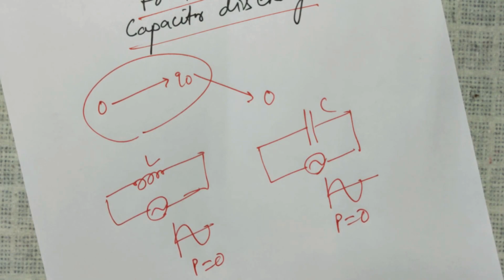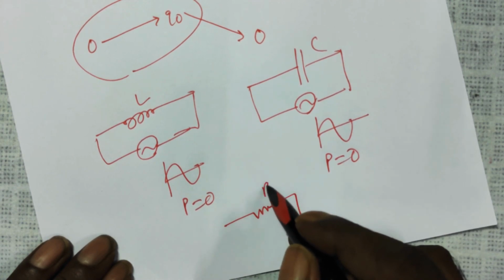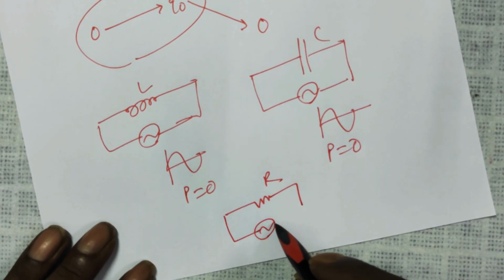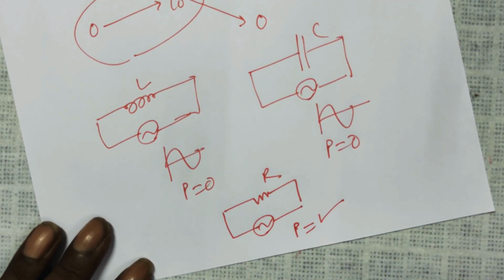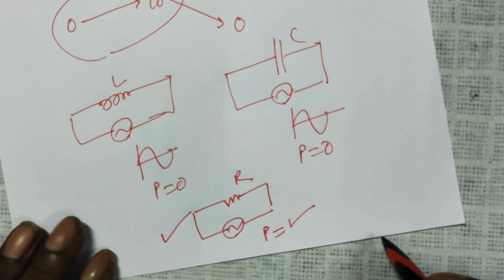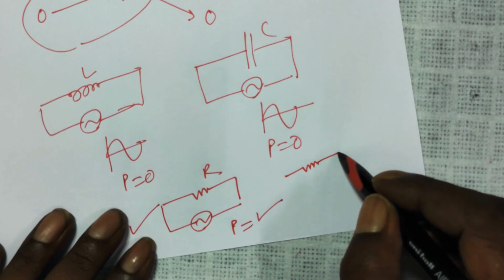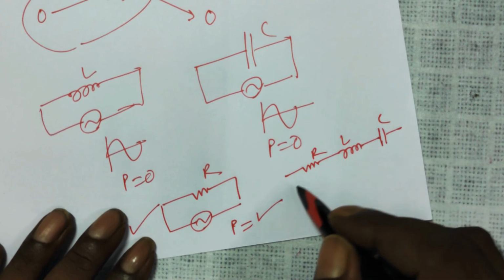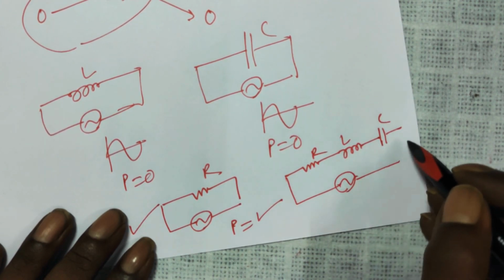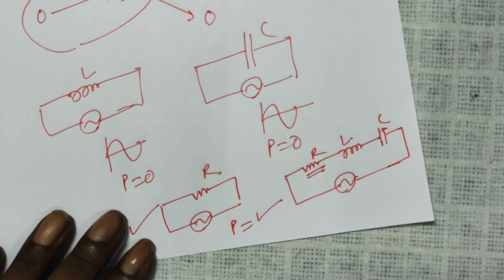We'll find out in the next lecture. If there is a resistance in a circuit connected across an AC source, there will be some power consumed. Then we'll go to the power consumed in an RLC circuit, R, L and C. Here also there will be some power consumed. These two will not consume, only the resistance will consume, and we'll find that out in the next lecture.